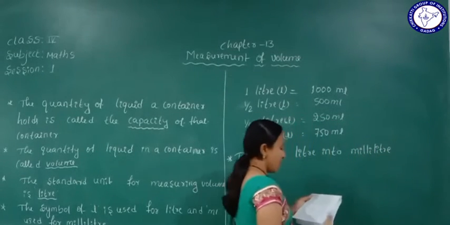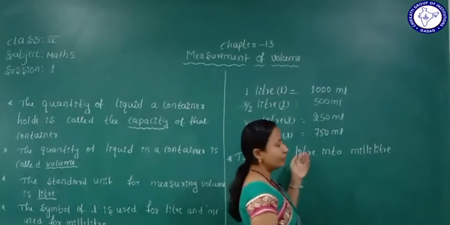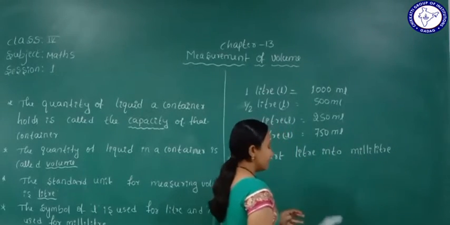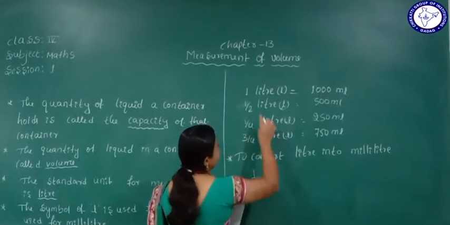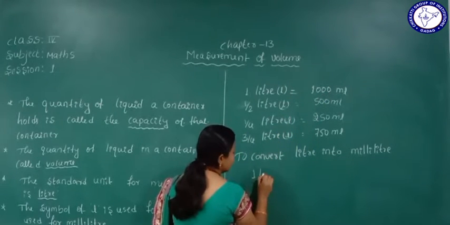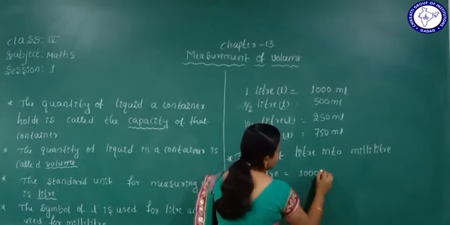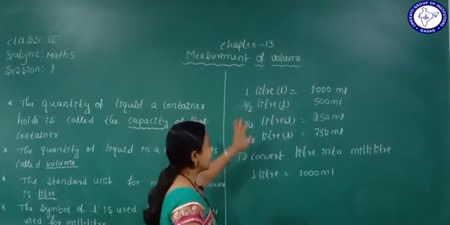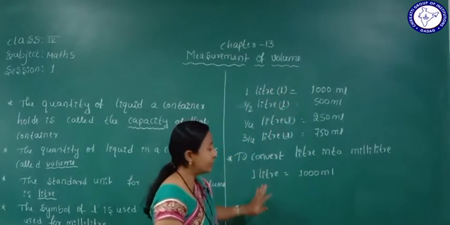See what we will do here. To convert a liter, we will convert it to milliliter. For example, it is already given that 1 liter is equal to 1000 ml. First we will write 1 liter is equal to 1000 ml. Understood? So 1 liter means 1000 milliliters.